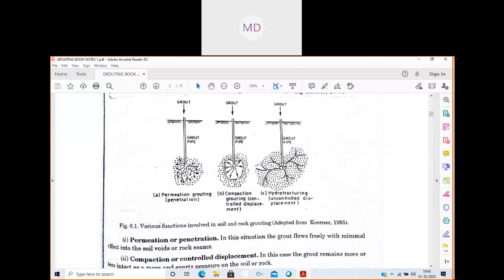Because of the pressure applied, there is a fracture between the rocks. Then this grout material goes down the pipe and fills up these fractures completely and provides pressure to the surrounding soil, and the voids get sealed.